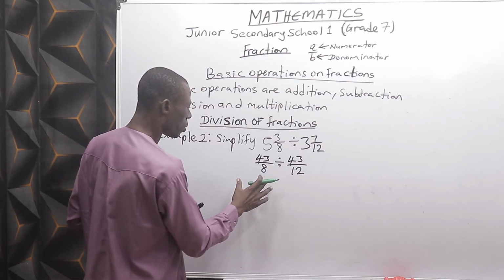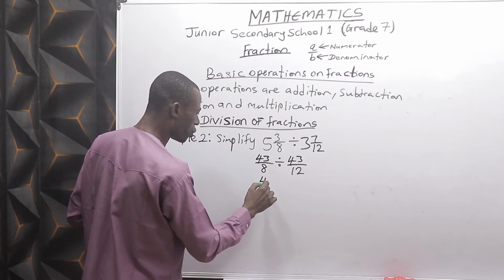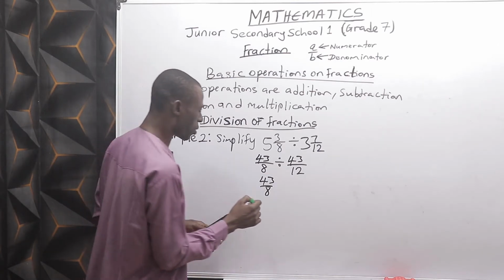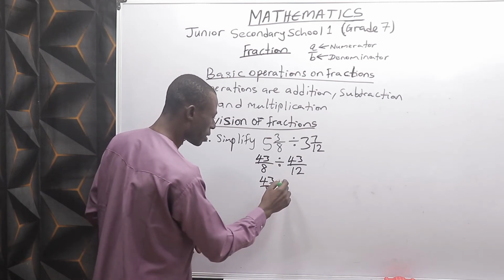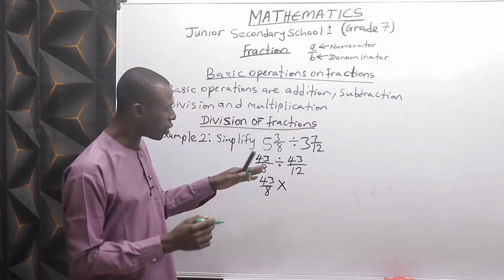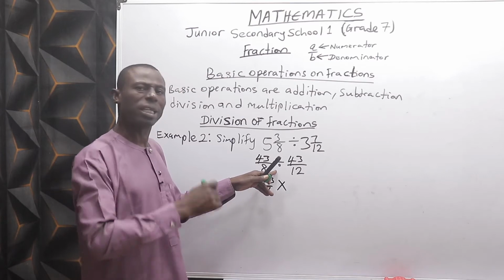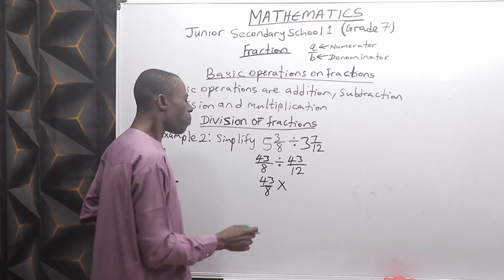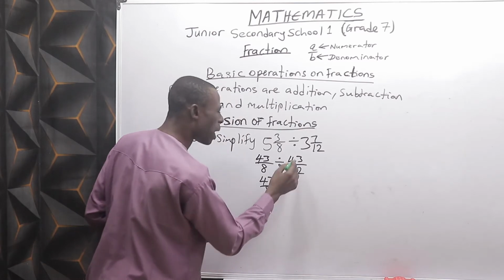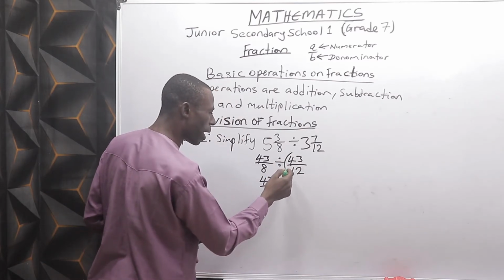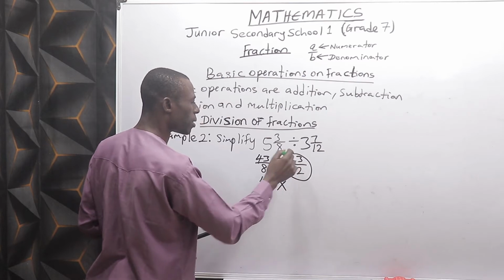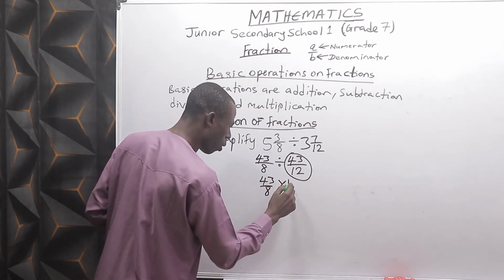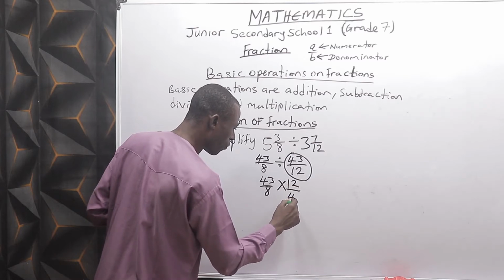So, we now change the division sign to its inverse. 43 over 8 times, that is, I change the division operation to its inverse. The inverse of division is multiplication. For doing that, I must change this divisor also to its inverse. What is the inverse of 43 over 12? That will be 12 over 43.